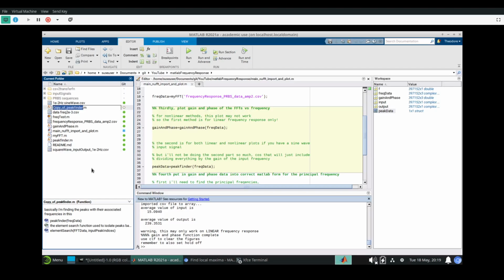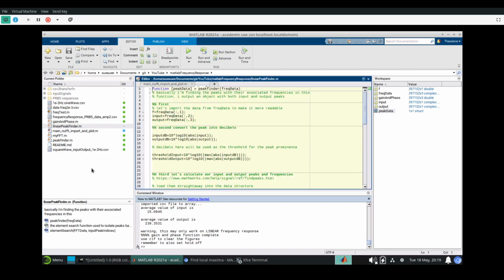Let's do a linear peak finder. We'll call this function linear peak finder. The frequency data is all of this, and I want the input and output to be in absolute scale.